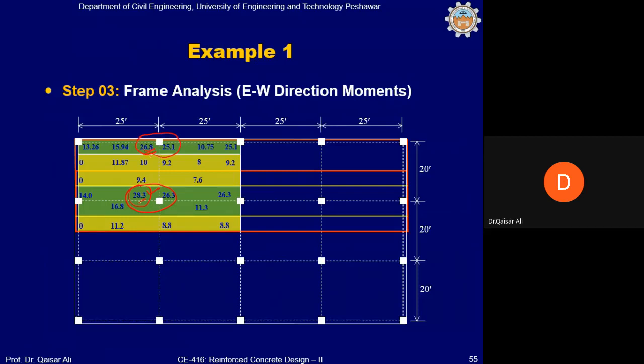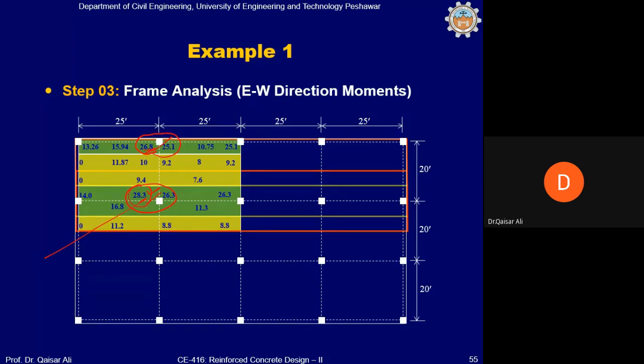So 26.8 and 28.3, they are very close to each other. We can say that, for example, if we recommend a spacing of number 5 at the rate of 4 inch or 4.5 inch center to center for this, the same spacing we will recommend for the exterior column strip negative bending moment.